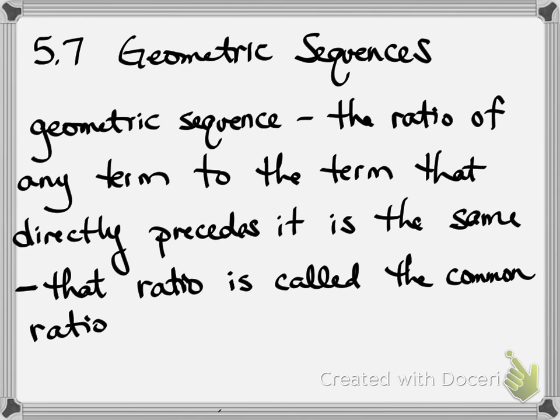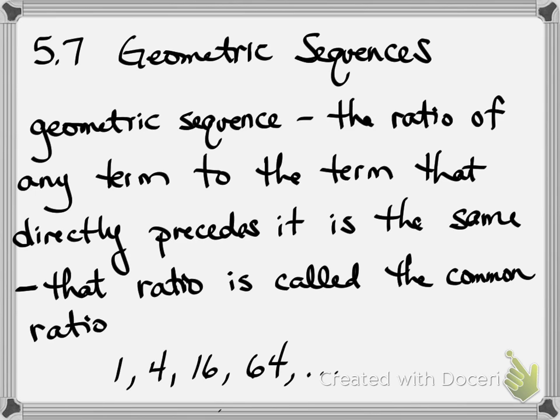So let's say we have the sequence 1, 4, 16, 64, and so on, like that. Well, you can tell that it's not arithmetic because they're not adding the same thing each time. They're adding different numbers. So it's not arithmetic.